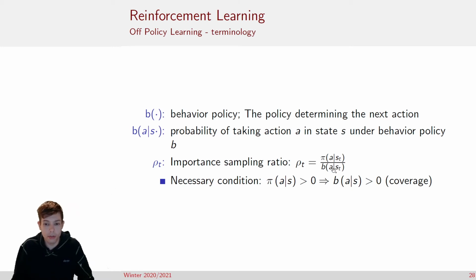So for example, B might be 70% and pi might be 99.5%. So with a very high probability, we would choose the greedy action in our pi policy, but in the behavior policy, we choose the greedy action with a lower probability. And then this ratio gets 1 divided by 0.7, so it's larger than 1. So we increase the weight of learning in each step that is greedy. Each time we choose the optimal action, we learn more than we would with on-policy learning.